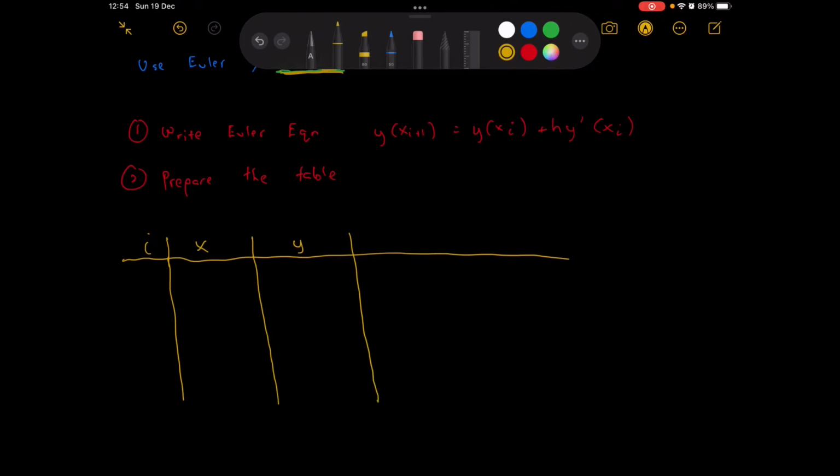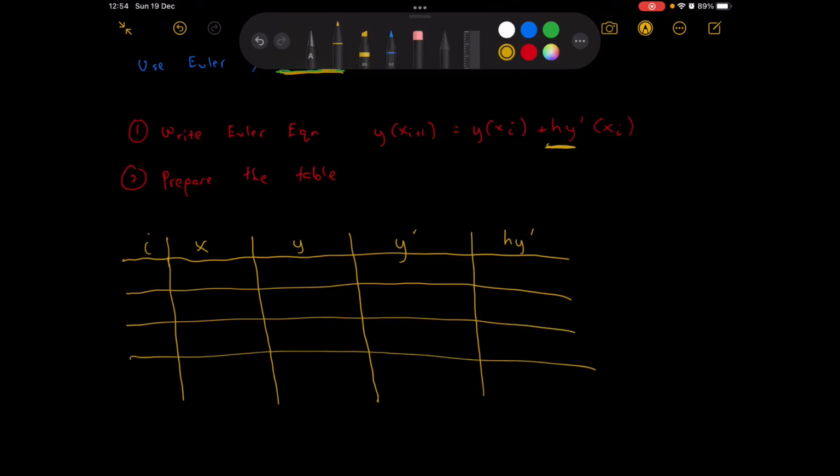Because we need to use h y prime to find the next iteration, this one would become y prime, and this is h y prime. These are the only information that you need to write in the table.